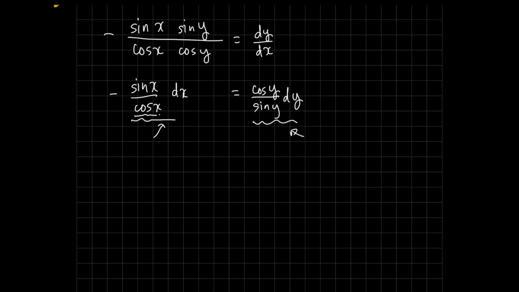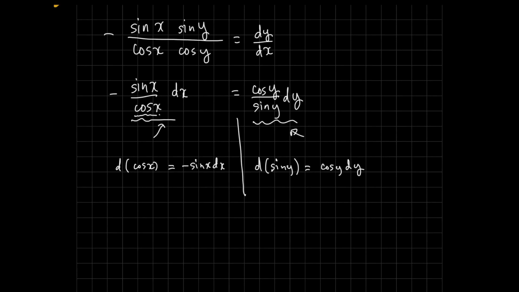And so we know that the differential of cosine x is actually negative sine x dx. We know that, right? And also here on this side, the differential of sine y is cosine y dy.